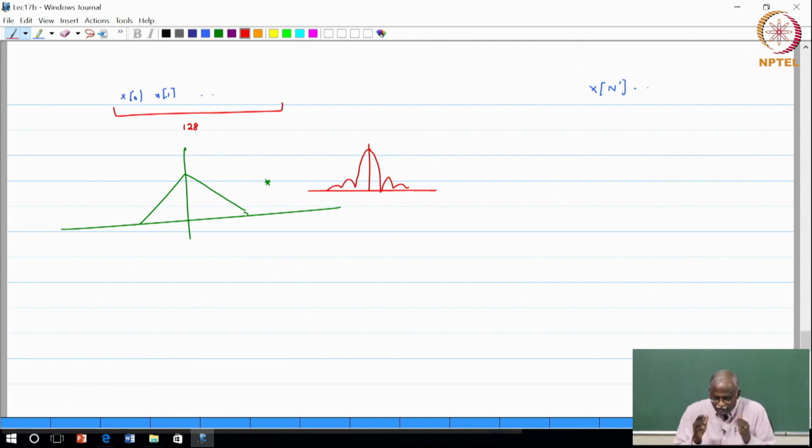If I look at it from a filtering point of view, the minute you have multiplied by the rectangular window, I have modified my input sequence. And then I take this sequence and compute the DFT. But ultimately what are we trying to do? I am trying to get the spectral components of the input signal. That is the ultimate aim.